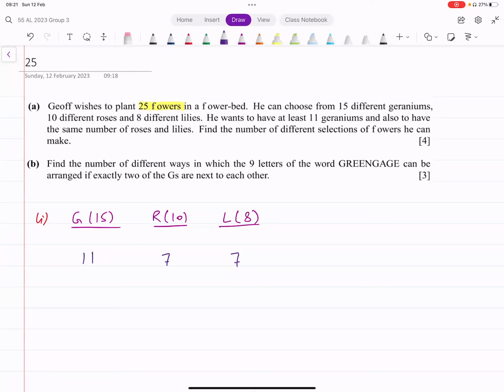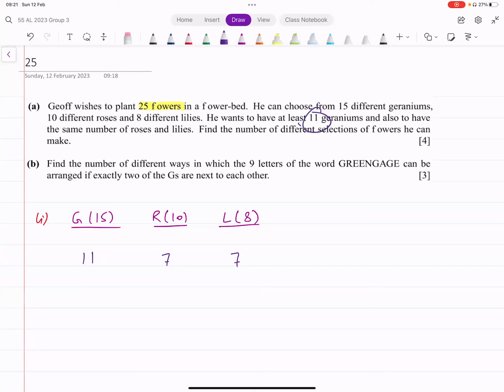Or he could have 10 here, but if he has 10 here, then the remaining flowers are 15. 15 को आप equally divide नहीं कर सकते, so that's not a possibility. 10 नहीं हो सकता. And sorry, I think I'm doing it the wrong way.